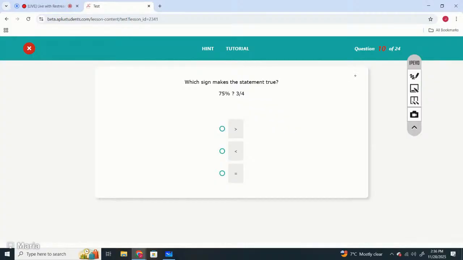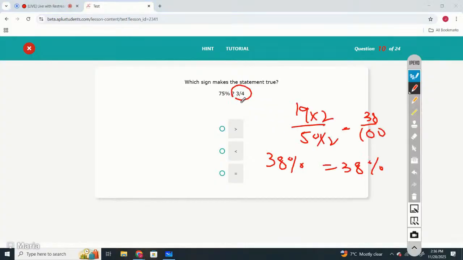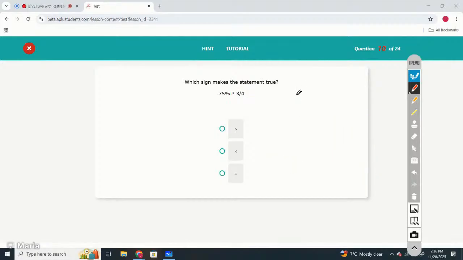Which sign makes the statement true? So 3 by 4 converted into the percentage form. Make the denominator equal to 100. So that is 75 over 100.